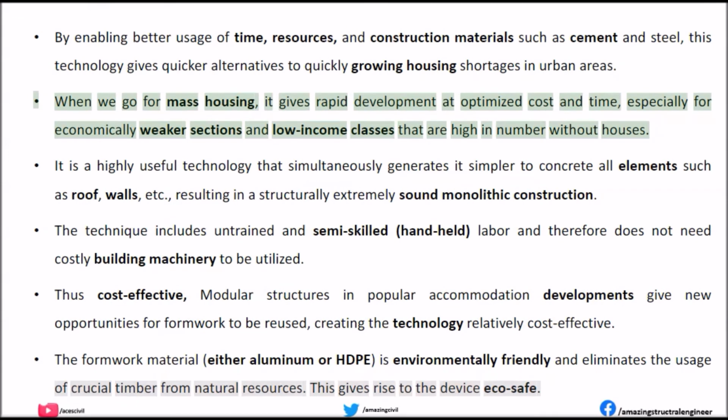When we go for mass housing, it gives rapid development at optimized cost and time, especially for economically weaker sections and low-income classes that are high in number without houses.